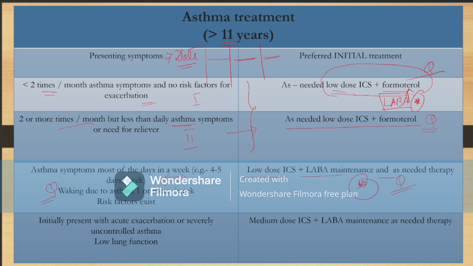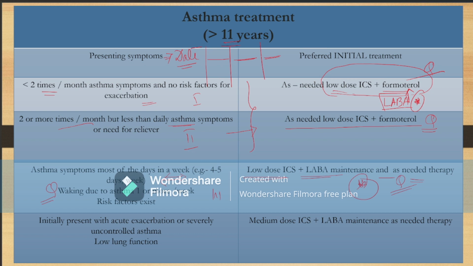So in GINA guideline, they said after 11 years, there is no need of giving short acting SABA as a reliever therapy. We give ICS and LABA as a maintenance as well as as need therapy.